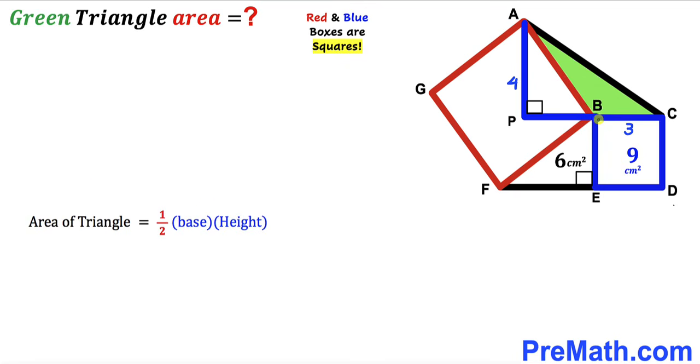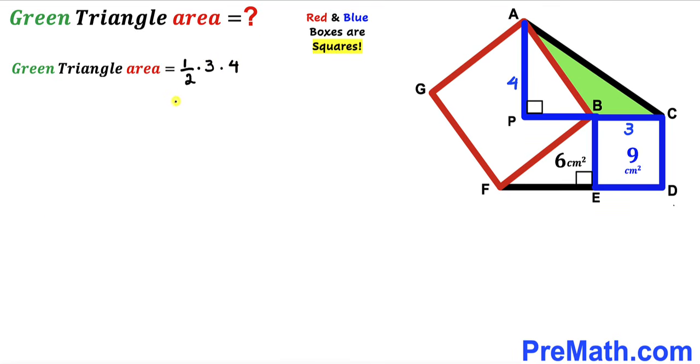In our case, the base of this green triangle is 3 cm, whereas the height is 4 cm. So the green shaded triangle ABC area is a half times 3 times 4, and if we multiply and simplify, that gives us 6 cm², the area of this green shaded triangle.